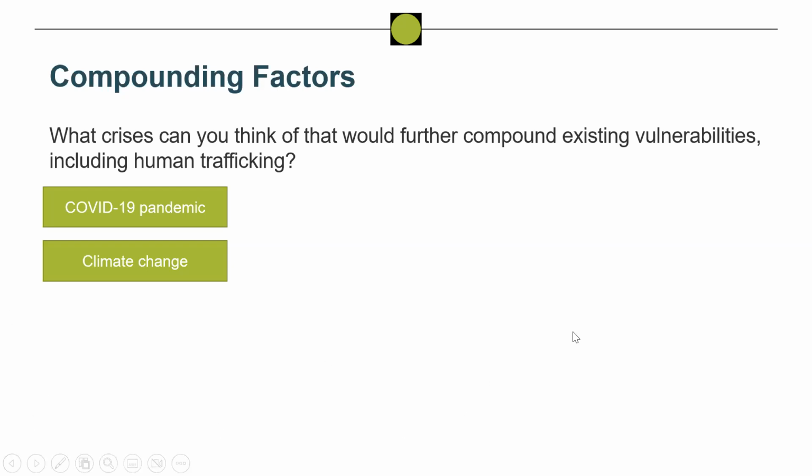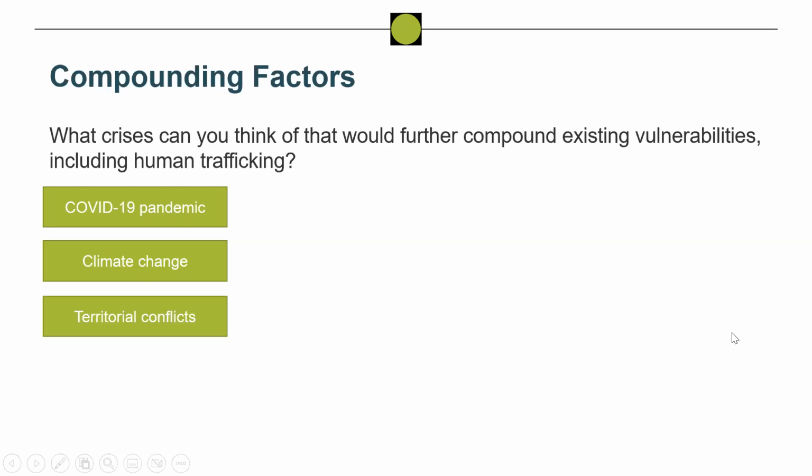And this is one among the many things that we need to look into. How do we then curb climate change activities or issues to make sure that we are able to prevent an increase of human trafficking activities?